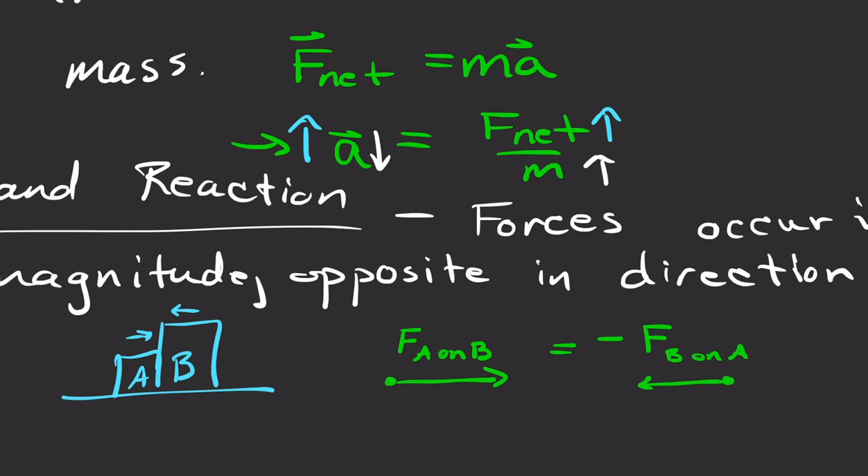So this one's in positive x, and this one's in negative x. So positive x, negative x. Okay? And so these are sometimes called action-reaction pairs.